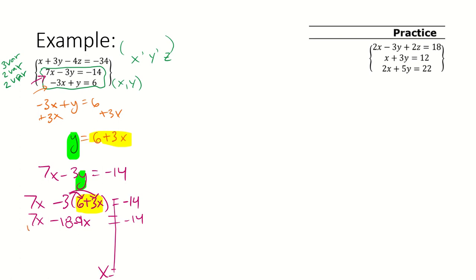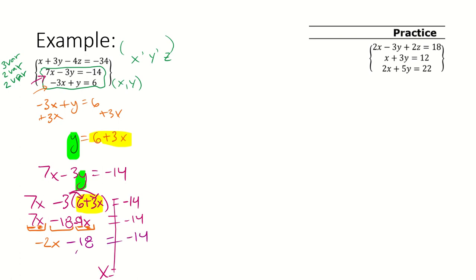Combine like terms is you looking at these as 3 different terms and asking yourself which ones are like terms. So obviously the x's are like terms, and we're going to combine 7x minus 9x. 7 minus 9, that's negative 2, and that's the x term. Then we put minus 18 on the side, and then negative 14 on this side.